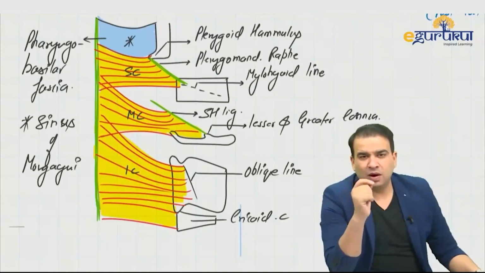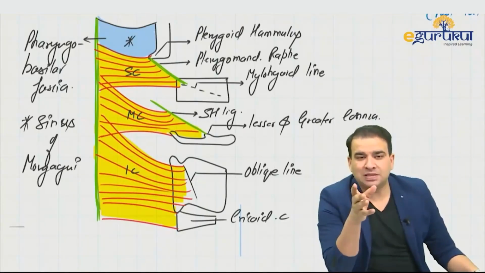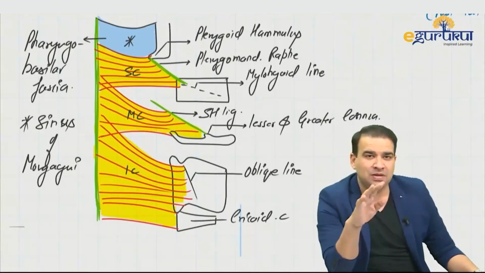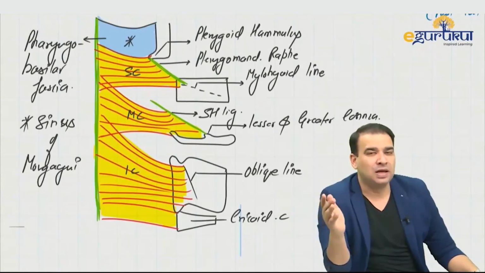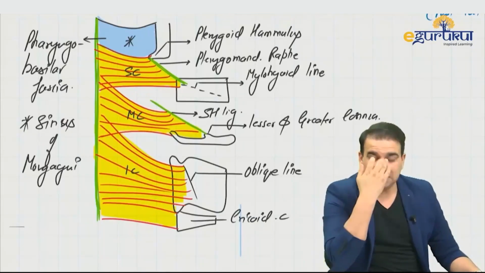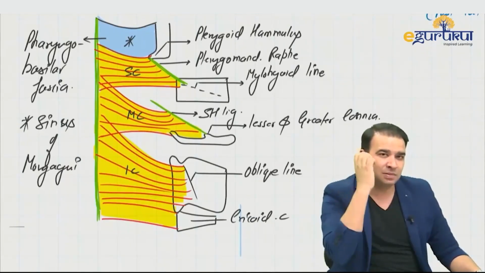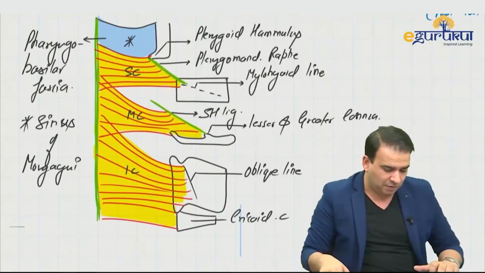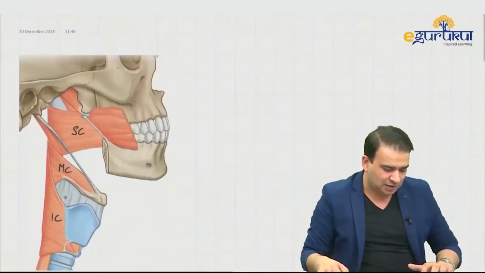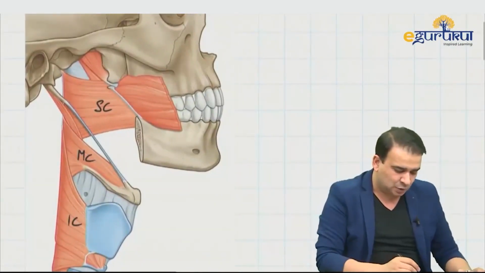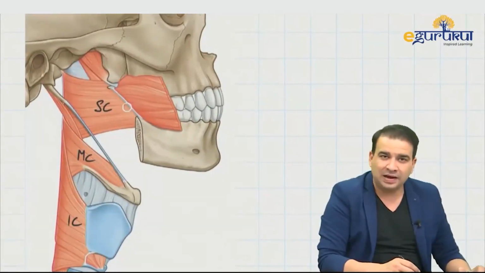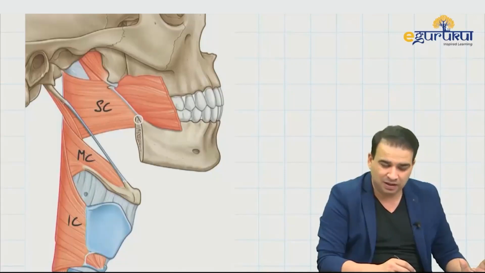And let me clarify one term here, the pharyngobasilar and the buccopharyngeal fascia. Remember, we said the one which is outside the pharyngeal wall is buccopharyngeal because it is covering the buccinator muscle as well as the pharyngeal muscle, the superior constrictor muscle. Now, it will be very nice if I show you the same picture once again. Look at this, guys. This here is a superior constrictor originating from where? Pterygomandibular raphe.